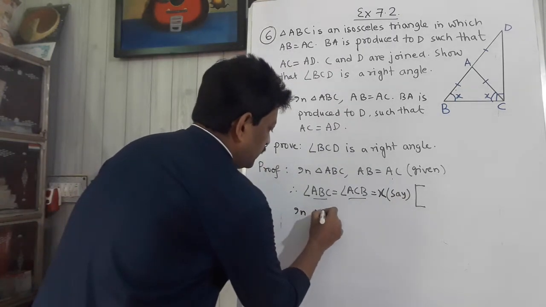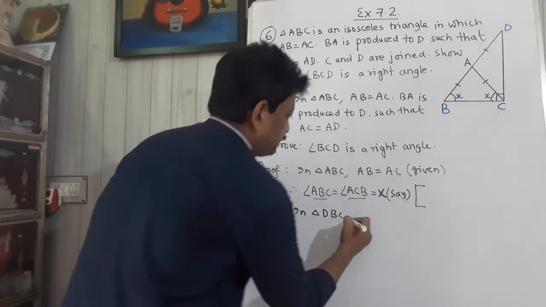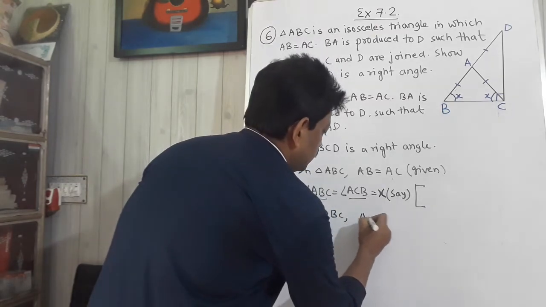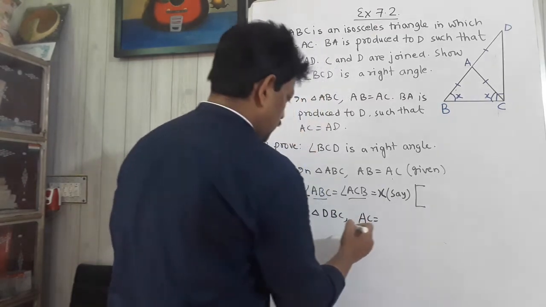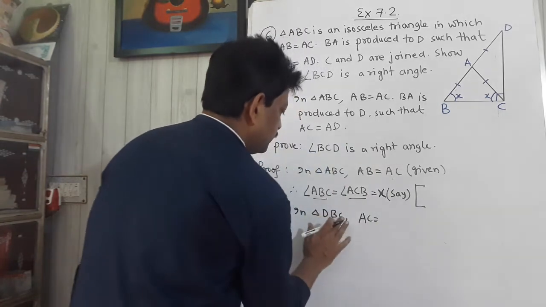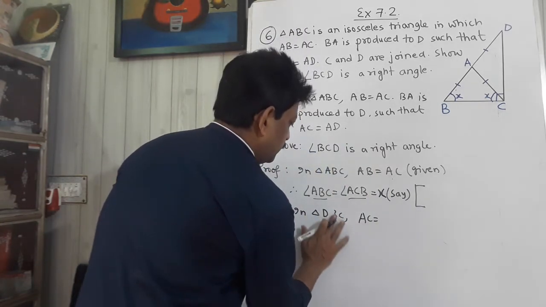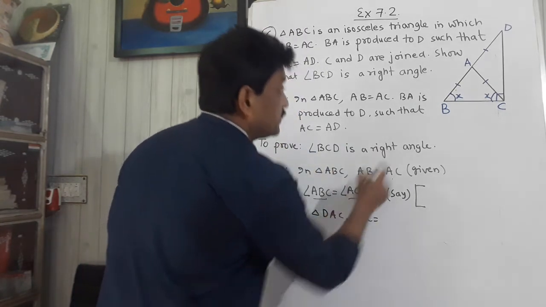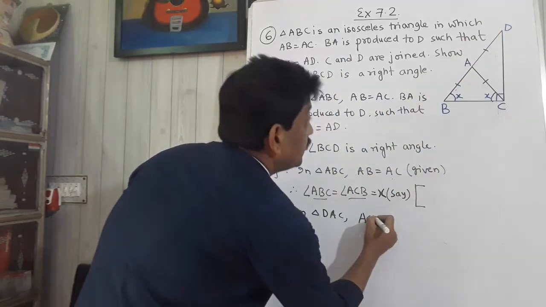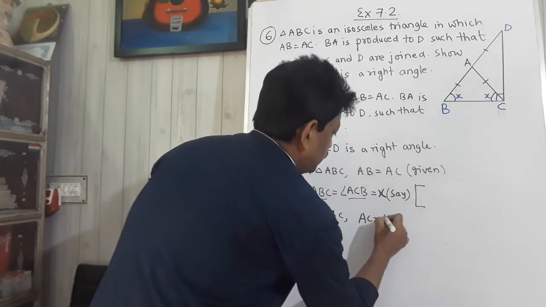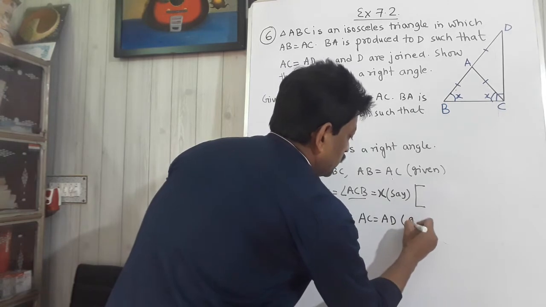In triangle DAC, AC equals AD. This is also given.